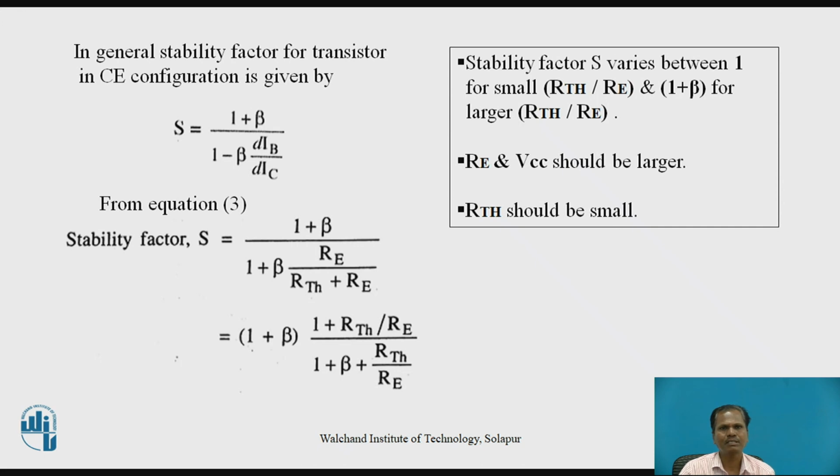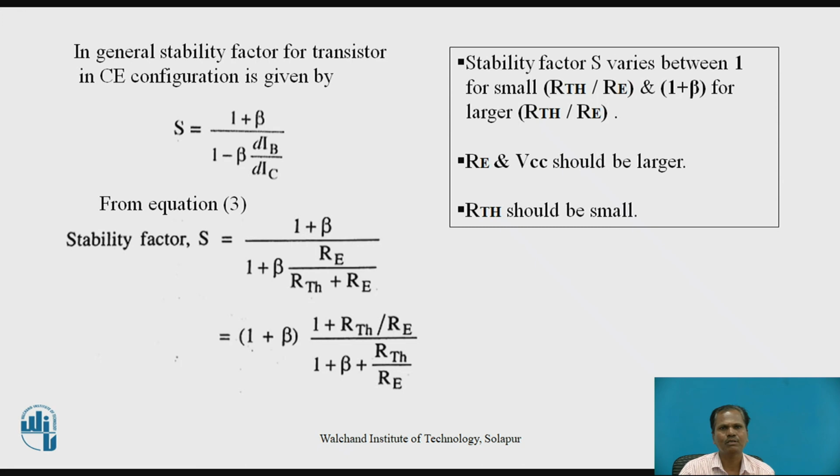So this equation indicates that stability factor S varies between 1 for a small value of RTH upon RE and 1 plus beta for a larger value of RTH upon RE. So for better stability of Q point, for a smaller value of S, RE and VCC should be larger and RTH should be small.